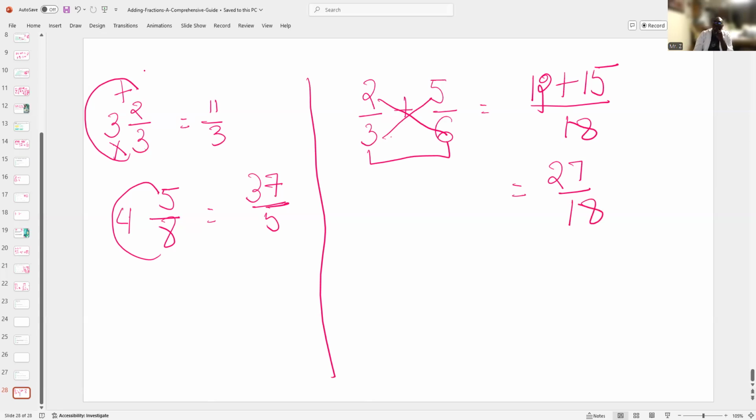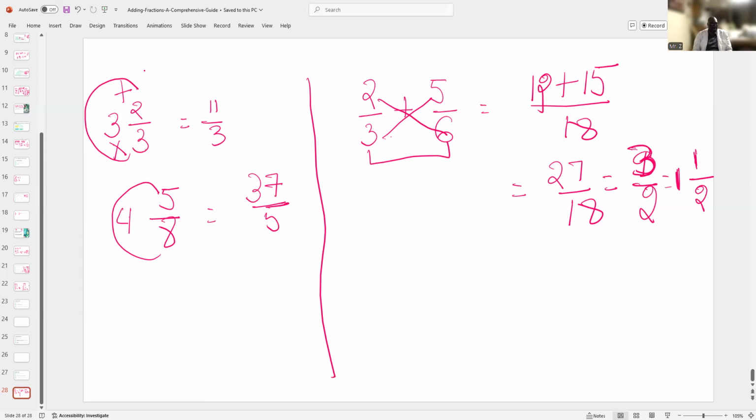I can simplify both numbers by 9. I have 3 and 2. 3 over 2 is an improper fraction. I can convert that one. 2 goes into 3 only 1 time, and 1 goes over there. This is how you can add a simple fraction.